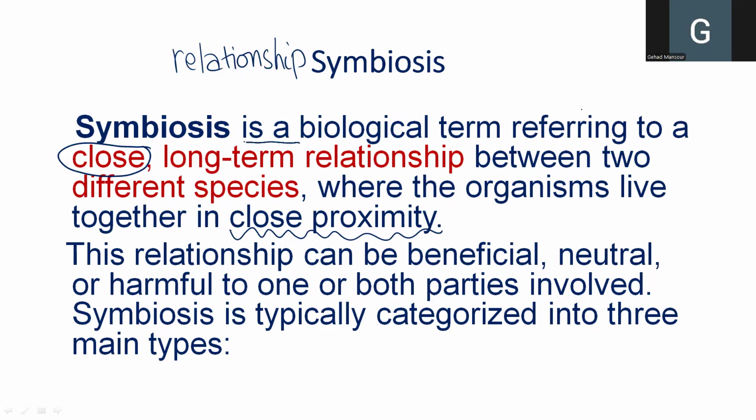Number two, it is a long-term relationship, meaning that in order to describe the relationship as symbiotic, it has to last for a long period of time. And number three, it should occur between two different species. So these three items must be mentioned in the definition.